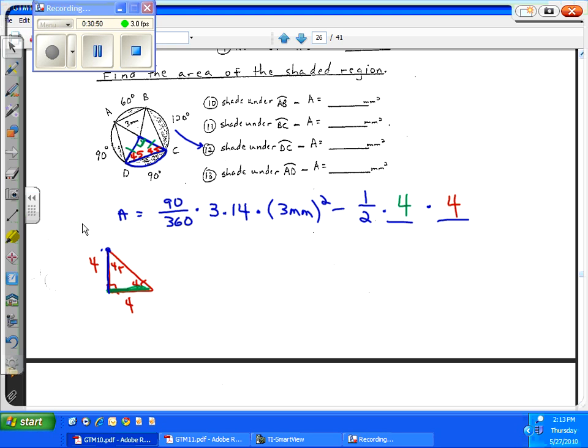Now you're going to be looking for 30, 60, 90 triangles, 45, 45, 90 triangles, or you may even have to do sine, cosine, or tangent.